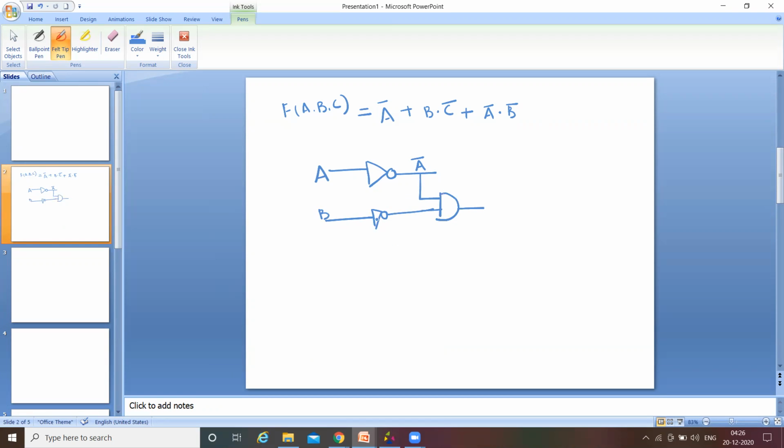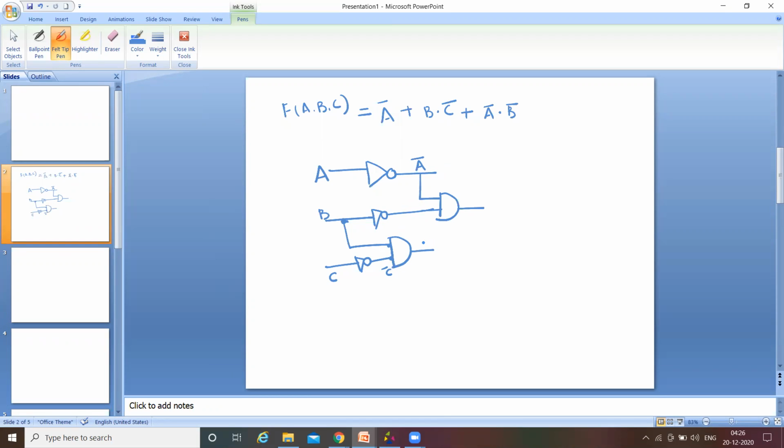Next here B and C. I already have the B wire, I'll take it from here, and C bar means I'll take another complement. AND gate, so this is B and this is C bar, B dot C bar, second term, so therefore I'll require another AND gate.